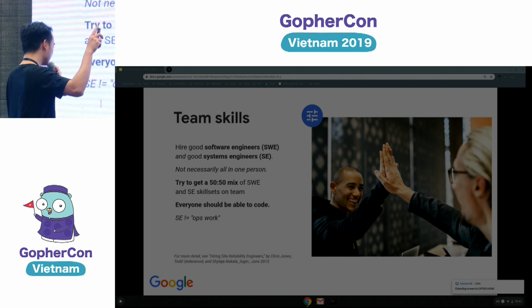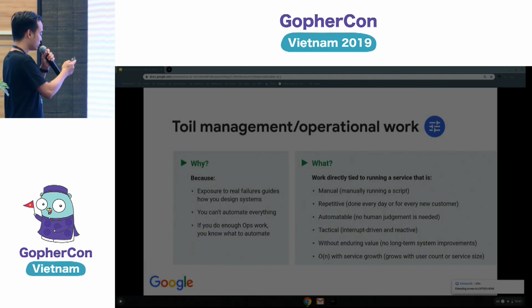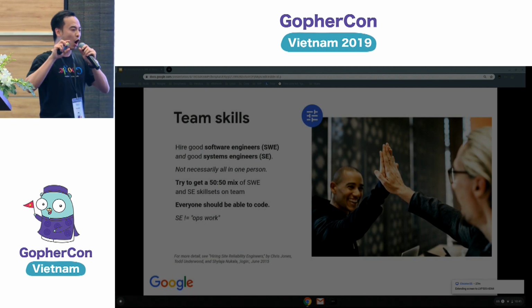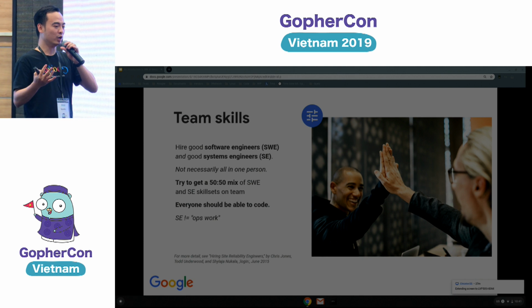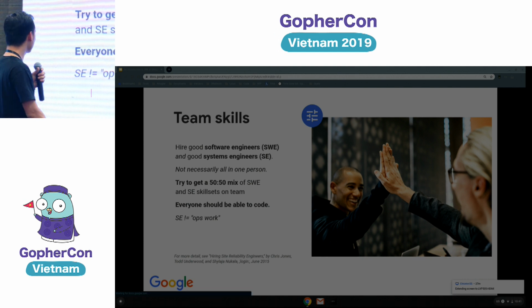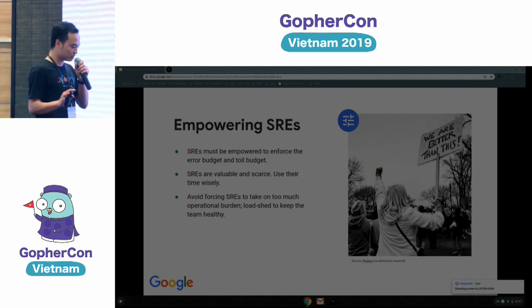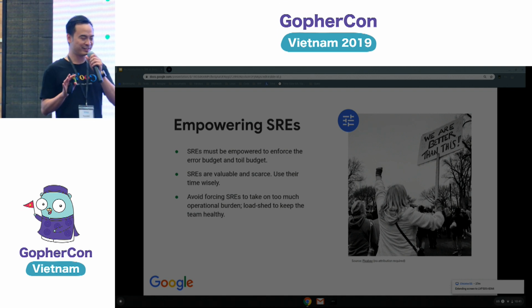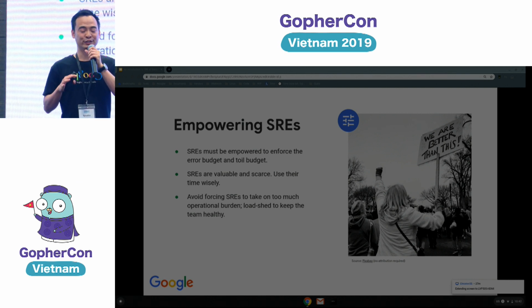So we found that SE, the system engineer, is not just ops work, but also coding work. You do code a lot as well. And SRE will not be efficient if what they say is not honored by other teams.